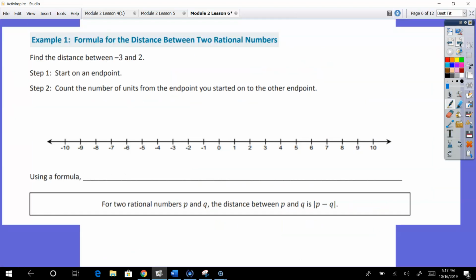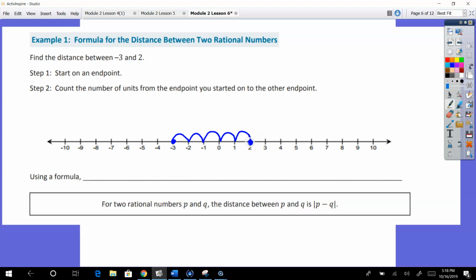Okay, in example 1, the formula for the distance between two rational numbers. Start at negative 3, find the distance between negative 3 here and positive 2. Start on an endpoint. So that is step 1. Count the number of units from the endpoint you start on to the other endpoint. 1, 2, 3, 4, 5.